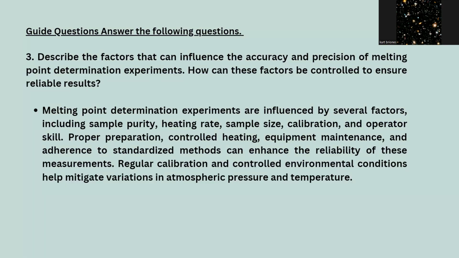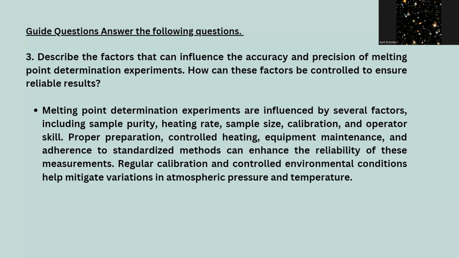So the third is, describe the factors that can influence the accuracy and precision of melting point determination experiments. How can these factors be controlled to ensure reliable results? So the melting point determination experiments are influenced by several factors, including sample purity, heating rate, sample size, calibration, and operator skill.